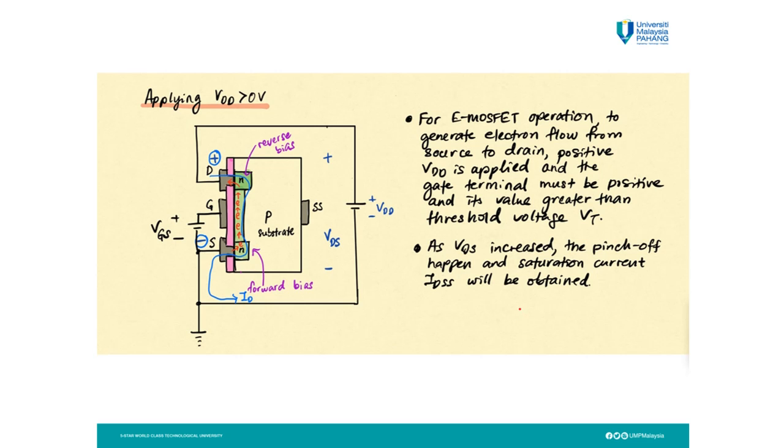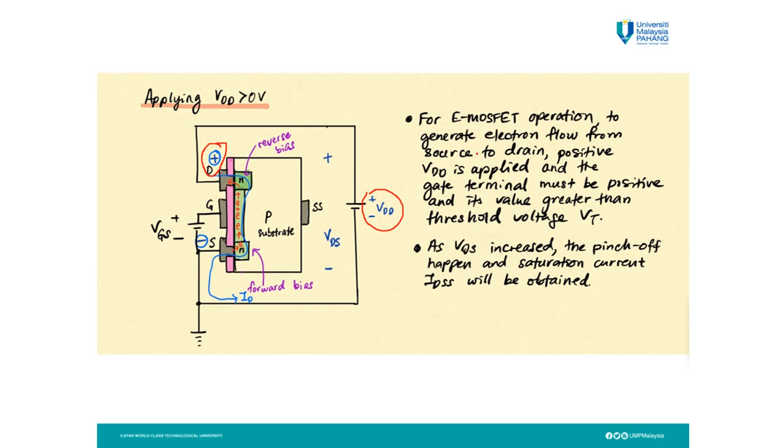Now we continue to the second process, which is applying the VDD greater than 0 volt. When I put the VDD greater than 0 volt, which is a positive voltage here, it means that VDS is positive, then the D terminal is positive here.